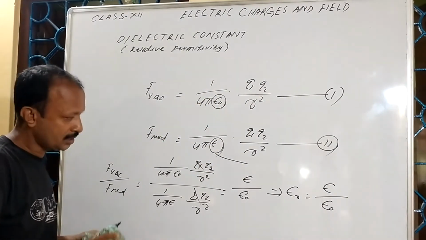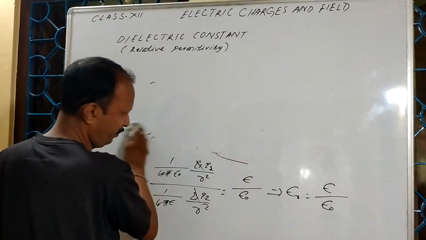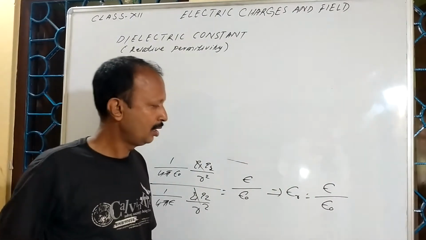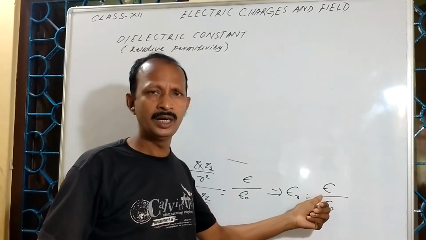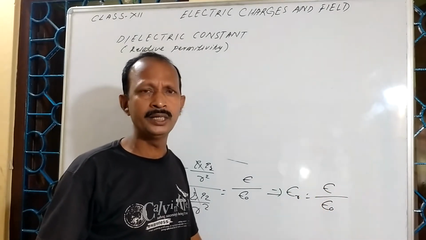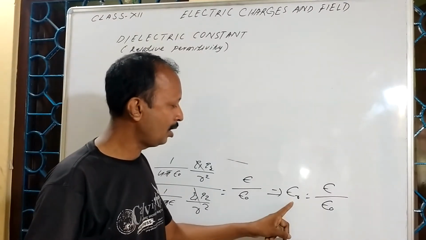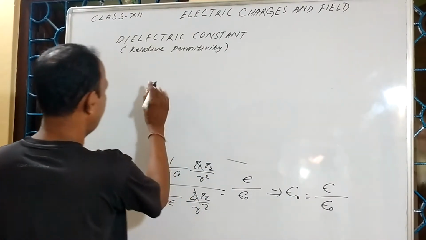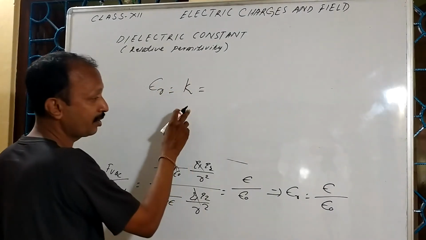So I can say that this relative permittivity is the ratio between permittivity of the medium to the permittivity in free space. This is the relative permittivity, or I can say dielectric constant.